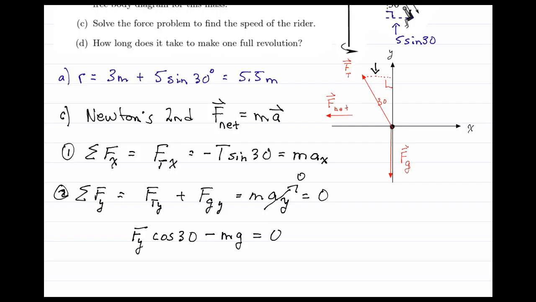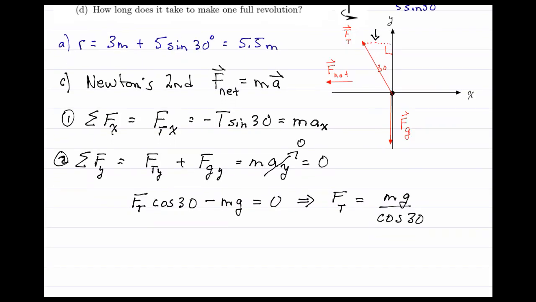So solving for the tension force, there's a subscript issue here, that's not F_y, that's F_t. So solving for the tension force, we get mg over cosine of 30 degrees. Now we can turn to equation 1.